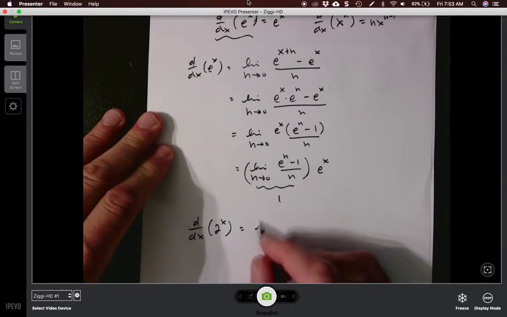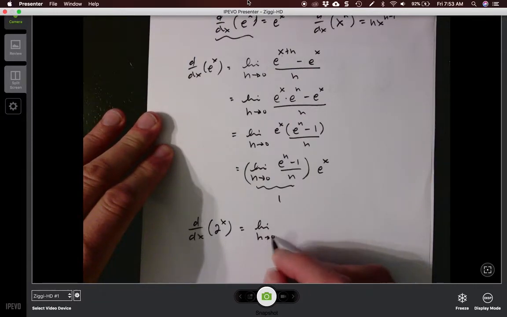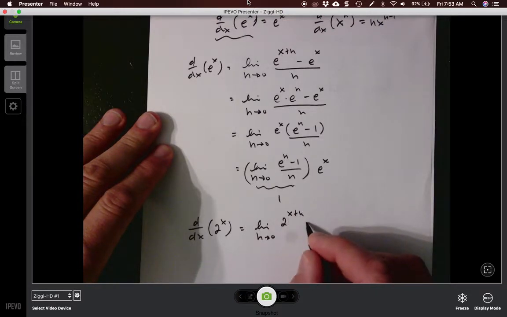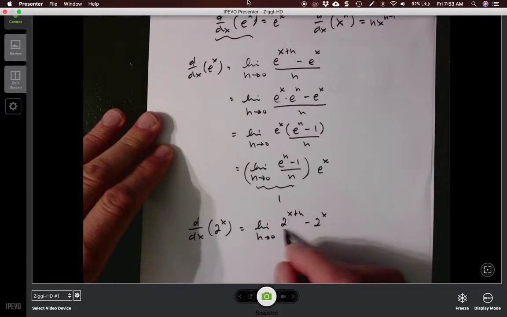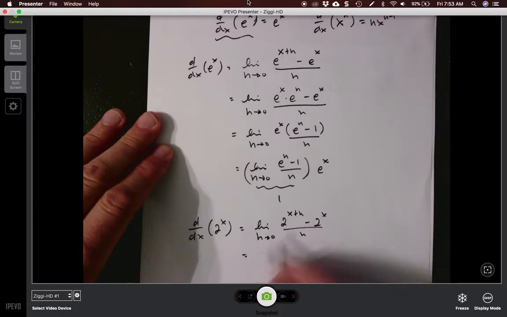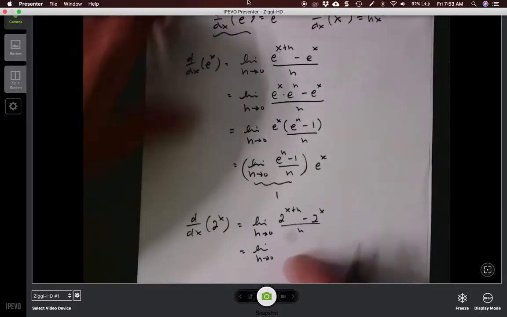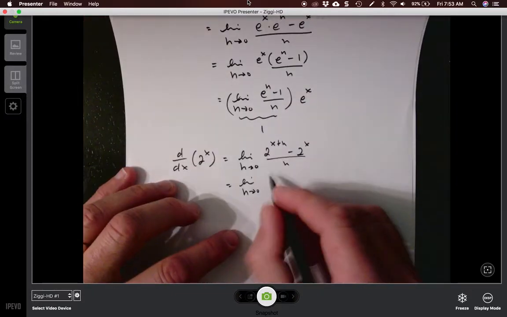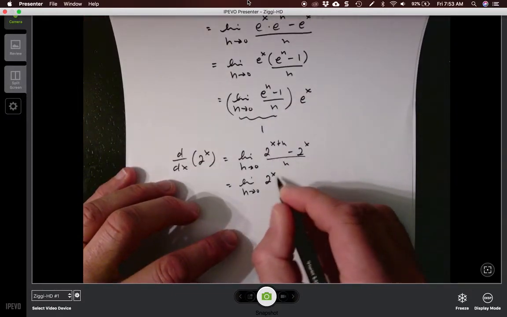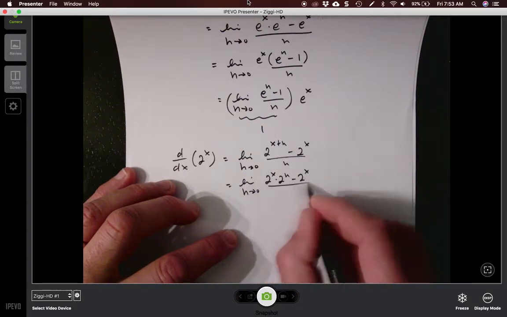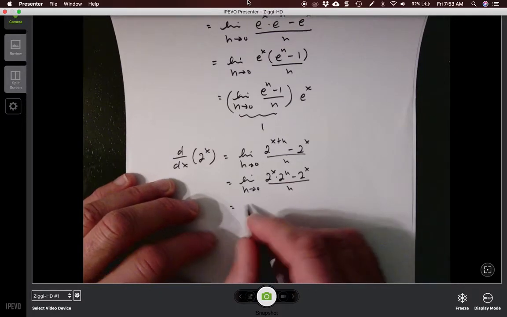We get the limit as h goes to 0 of 2 to the x plus h minus 2 to the x over h. This is the same thing as the limit as h goes to 0 of 2 to the x times 2 to the h minus 2 to the x over h.